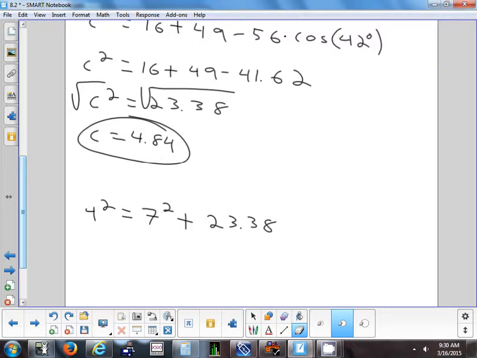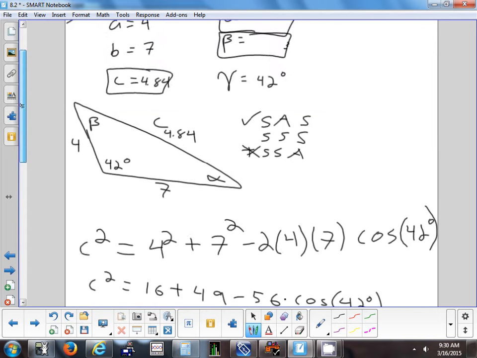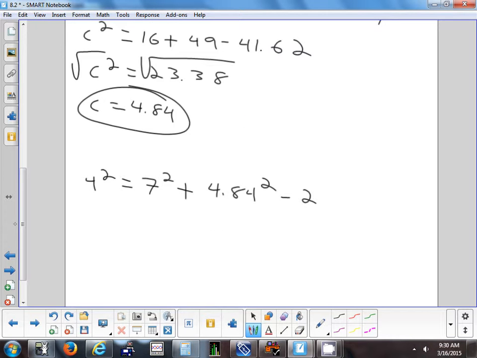Or that might actually confuse some people. I'll write c squared, and I'll square it in the next step. Okay, so a squared equals b squared plus c squared minus 2 times b times c. So 2 times 7 times 4.84.